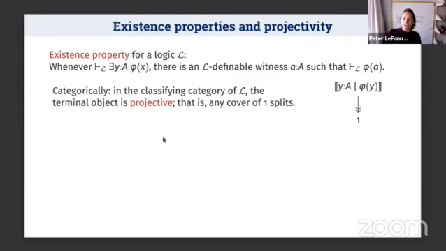So that's where before we had the formula, some property, and proving that there exists something of it is saying that the map to the terminal object is a cover, and then saying that there's a definable witness is saying that in the classifying category there's a morphism splitting this. And this is something which a lot of good intuitionist systems do satisfy.